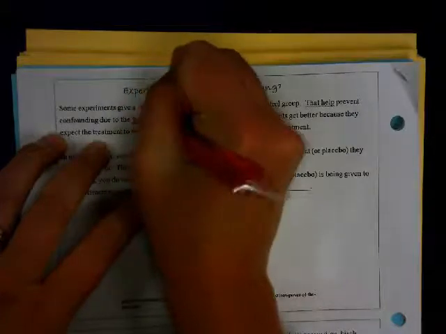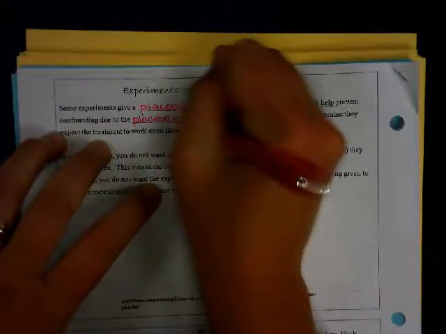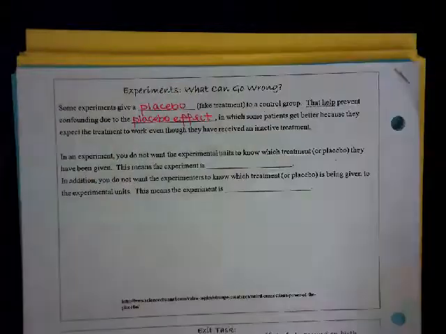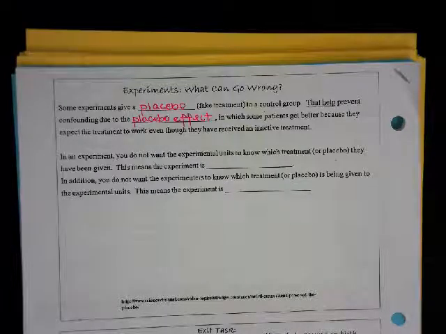The placebo effect is where some patients get better because they expect the treatment to work even though they received an inactive treatment. In experiments, you do not want the experimental unit to know whether they get the treatment or the placebo. When you have that, it's called single blind.